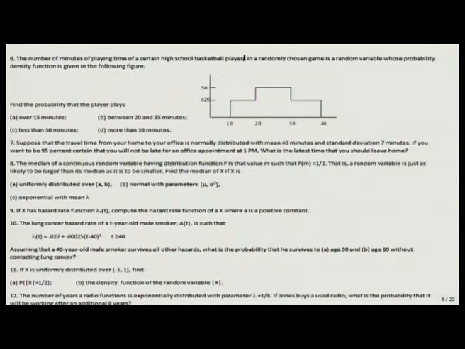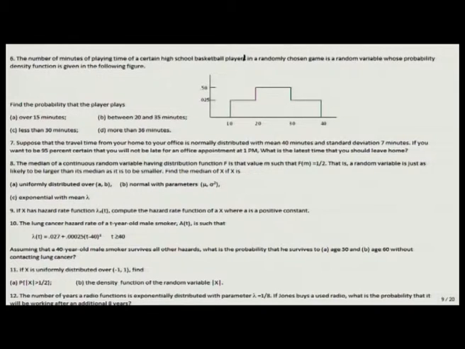Then similarly, between 20 and 35, this will be the area, and you can immediately find it just by looking at the graph. You do not have to do any integration. Because the functional form of the PDF is not given to you, just by looking at the graph you find the area between 20 and 35, and that will be the probability that the player gets between 20 and 35 minutes.